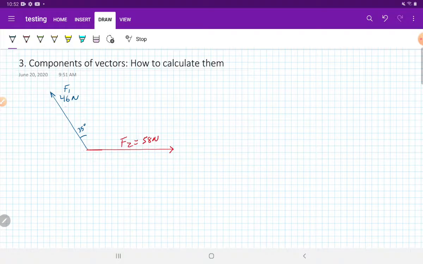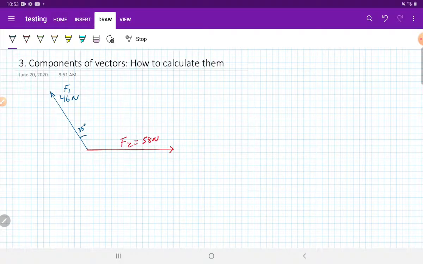For example, this force 1 will be broken apart into a force 1 in the x direction and a force 1 in the y direction. That Fx and that Fy combined actually represent the same thing as this one vector. So I break it apart and then I can do math with it. That's why we're breaking it apart into components.